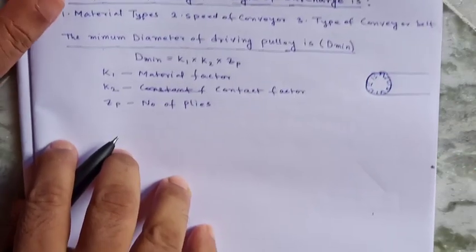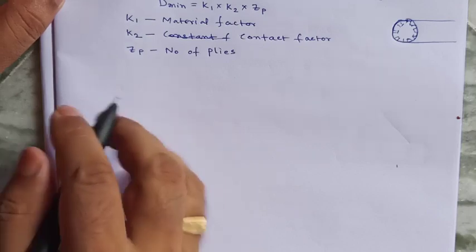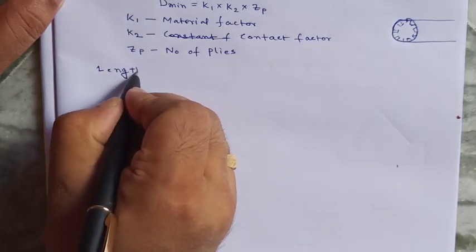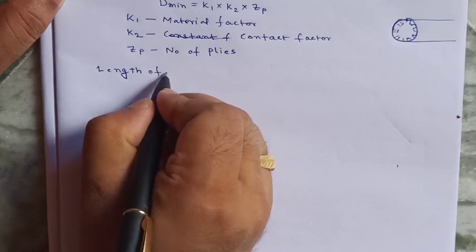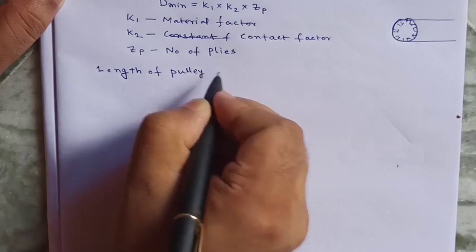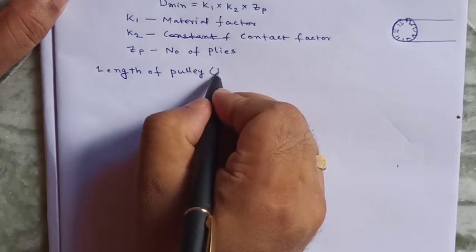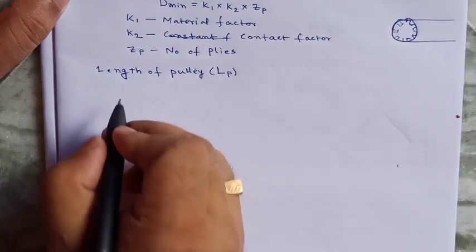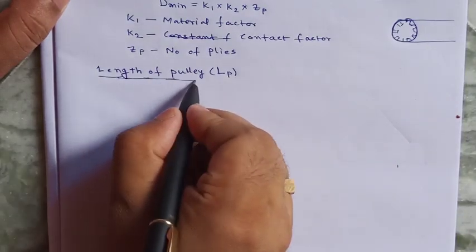Now going to the length of pulley required, that is denoted by LP, length of the pulley required.